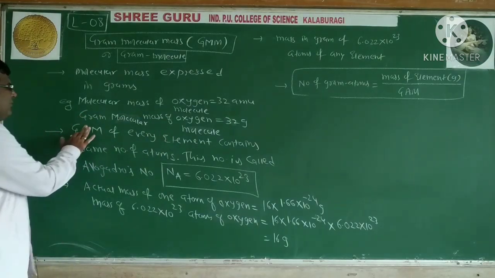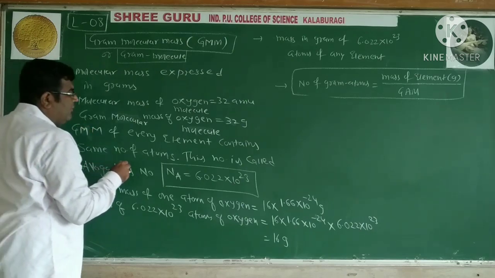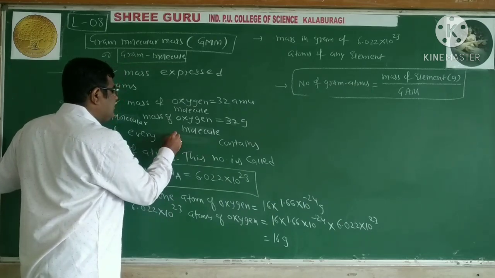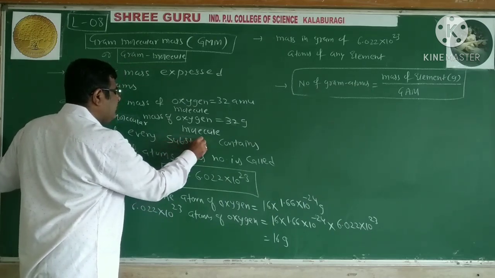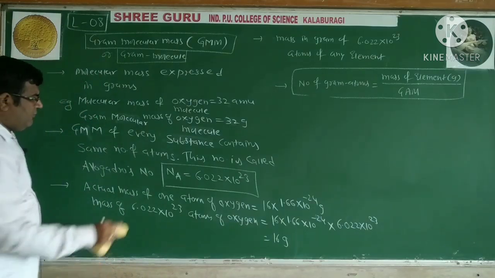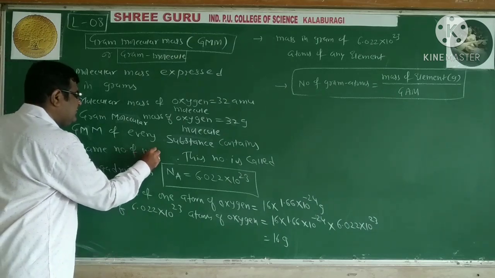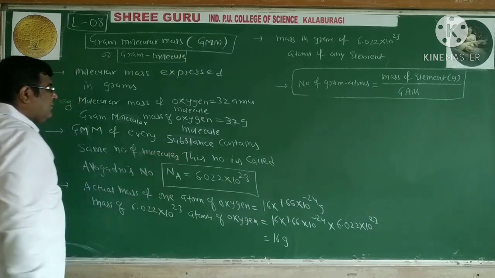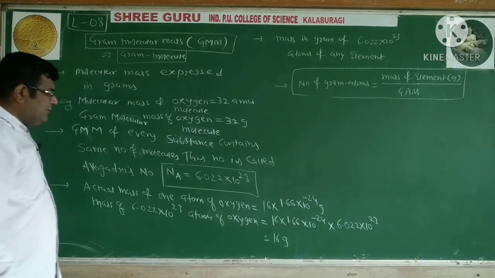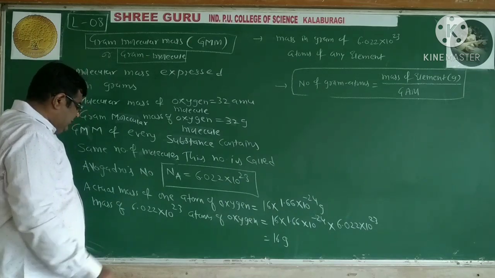So gram molecular mass of every substance, instead of element, we have to generalize it now, contains same number of, I will write here as molecules, and this number is called, again same, Avogadro number, Na equals 6.022 into 10 to 23.